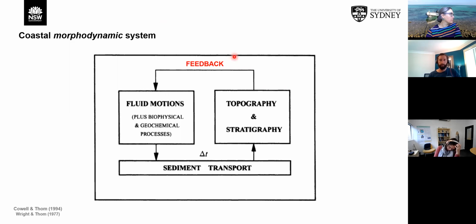But really the most important part of the morphodynamic system is the feedback loop that connects back to the processes that drive changing form. The upshot there is that change in the morphology and the beach shore face system then influences the processes themselves, changes the sediment transport and goes through and changes the morphology.